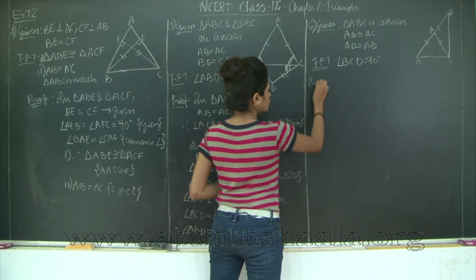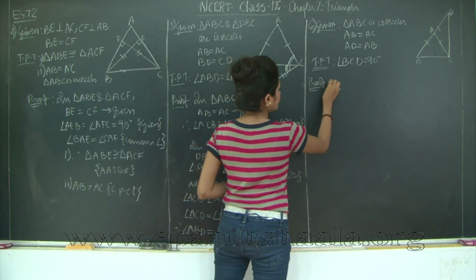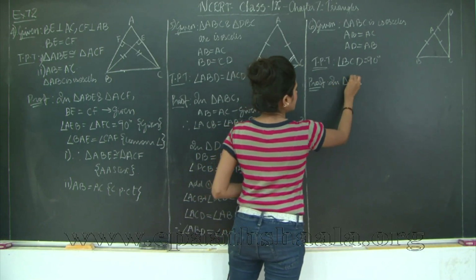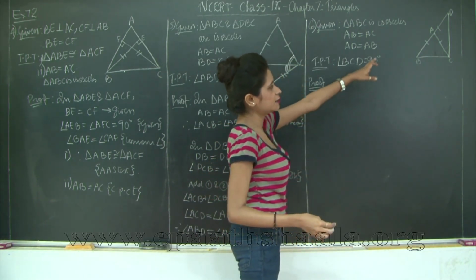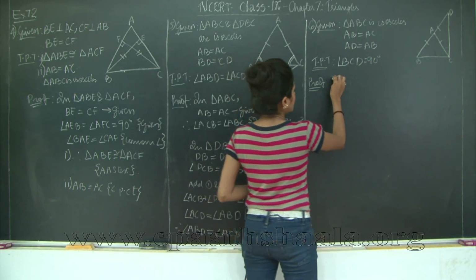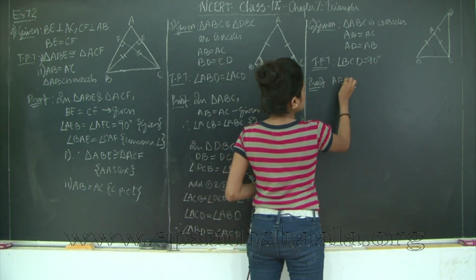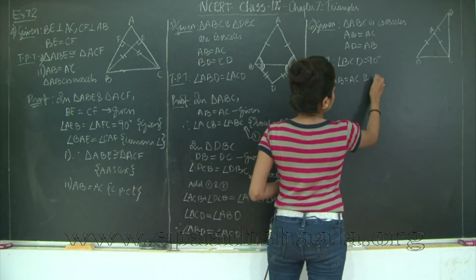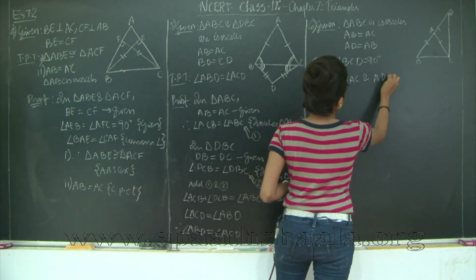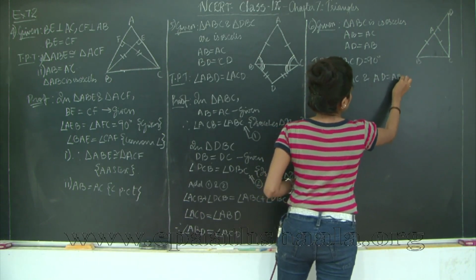I'll say proof. In triangle ABC, first of all, let's prove that the three sides, that is AB, AC and AD, are equal. AB is equal to AC and AD is equal to AB. Both are given.